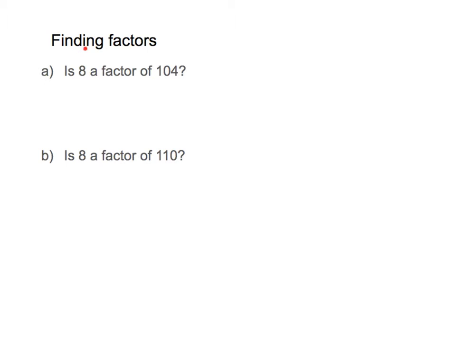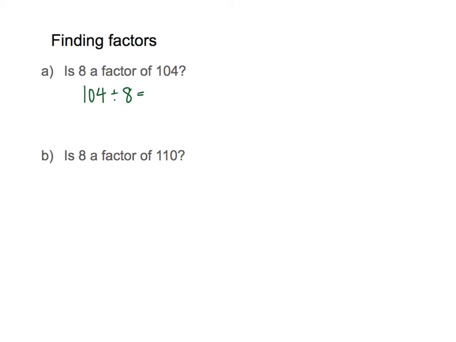What I'm asking you is to test if 8 is a factor of 104. Factors are basically what numbers multiply to give you another number. If I want to know if 8 is a factor of 104, I could just take 104 and divide it by 8, because if it divides evenly, then it's a factor.